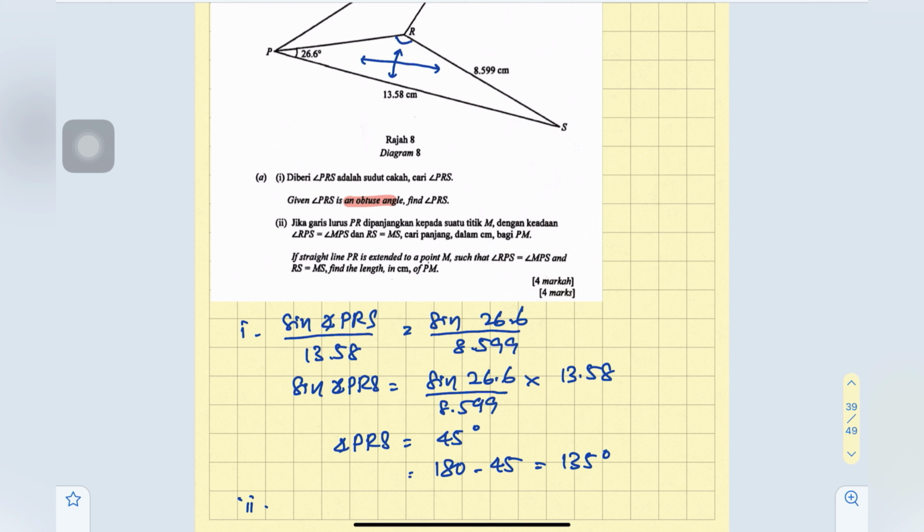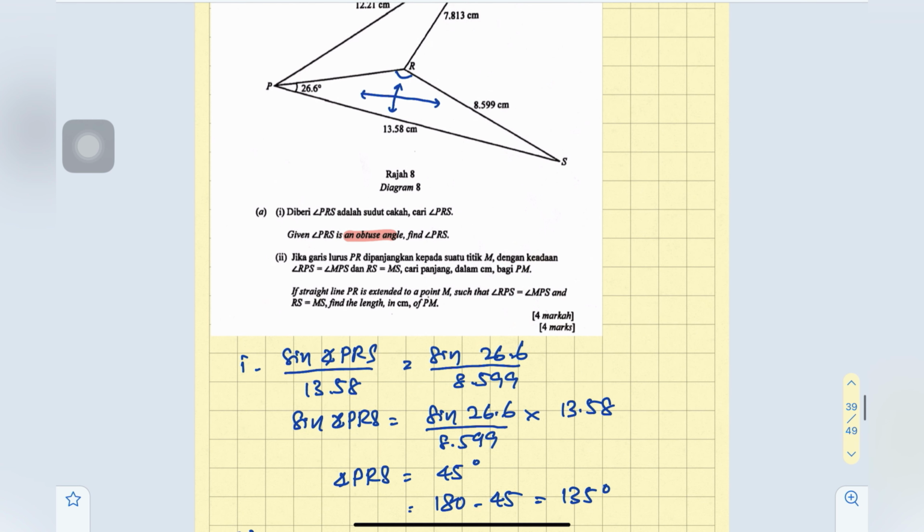If straight line PR is extended to point M such that angle PRS equals to angle MPS and RS equals to MS. Find the length in centimeter of PM. Okay, so dia kata PR extended somewhere. Okay, panjang lah kat sini.